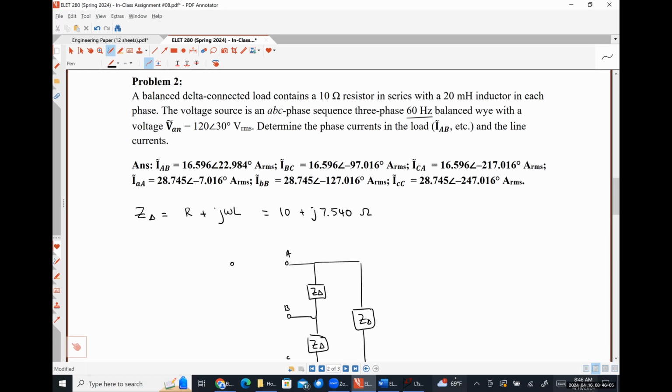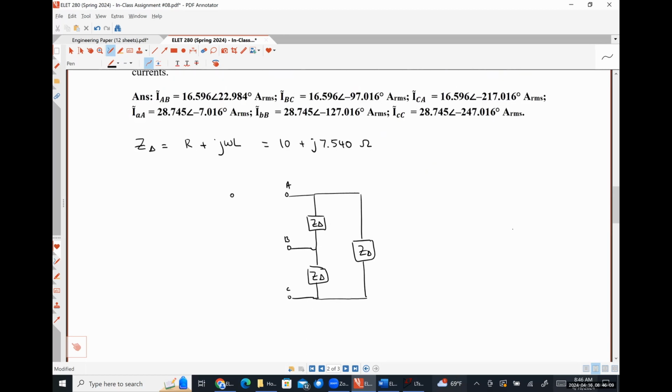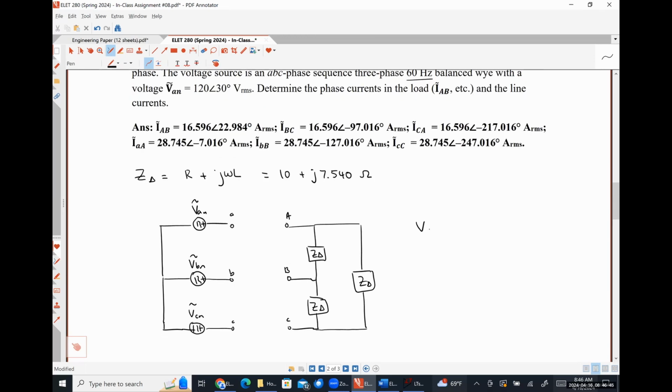We have a Y connected voltage source, where we are told that VAN is equal to 120 angle 30 degrees volts RMS.